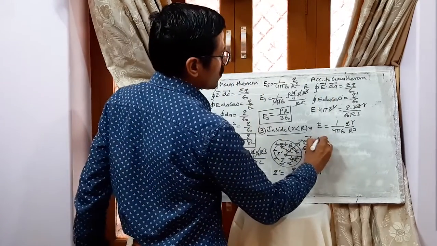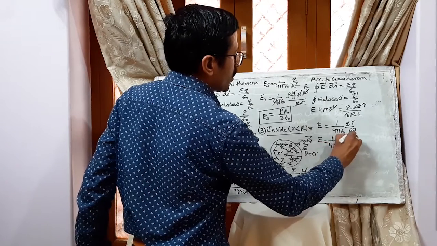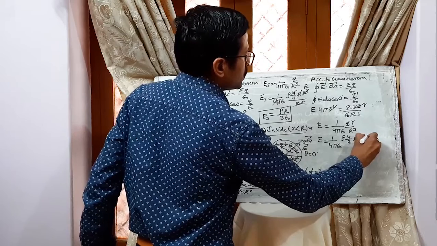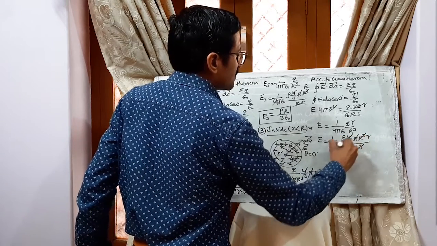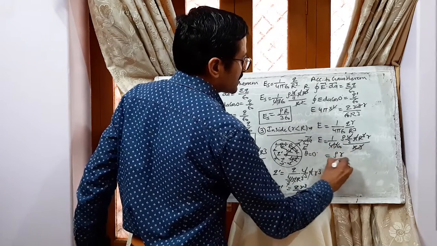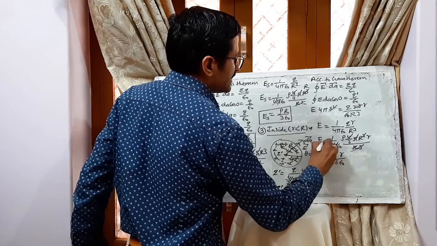Then in terms of rho, it will become 1 upon 4 pi epsilon naught, rho into 4 by 3 pi R cube into small r upon capital R cube. Capital R cube will cancel, 4 pi will get cancelled, and E is rho small r upon 3 epsilon naught. This will be the electric field intensity inside.